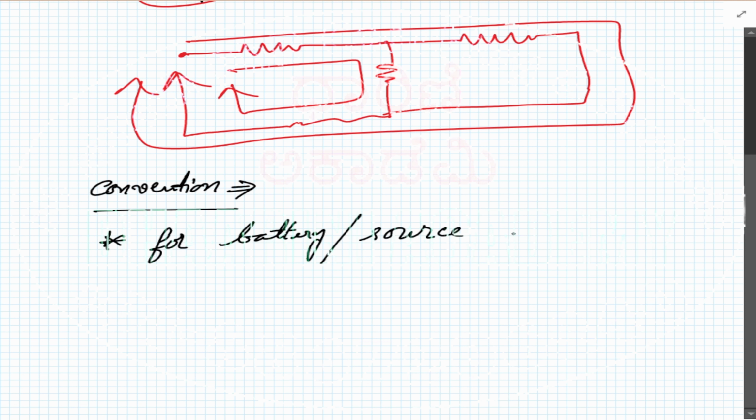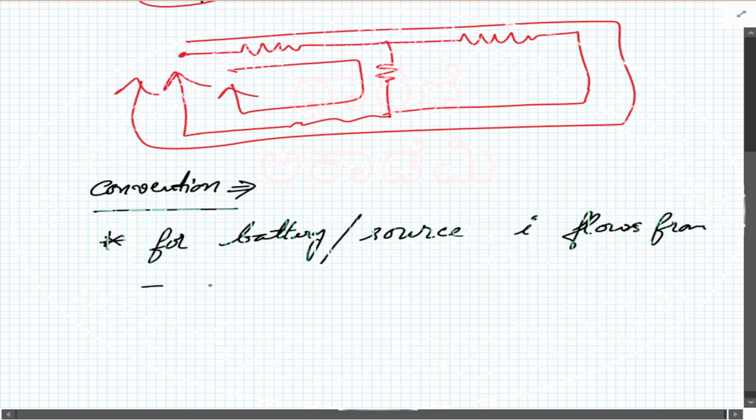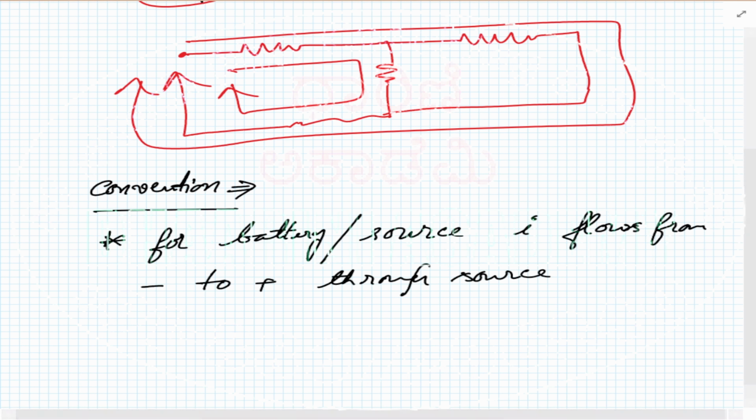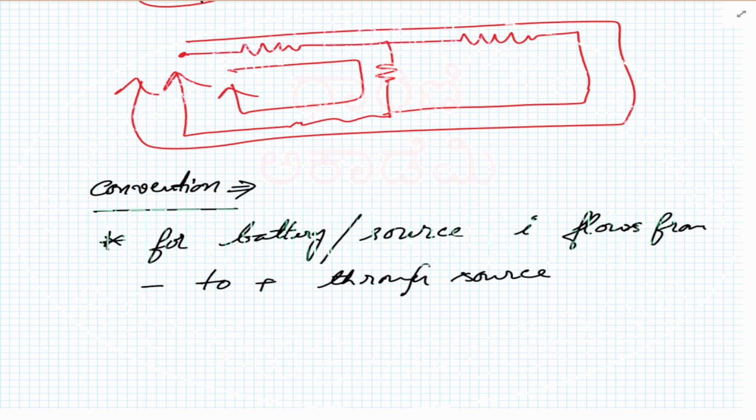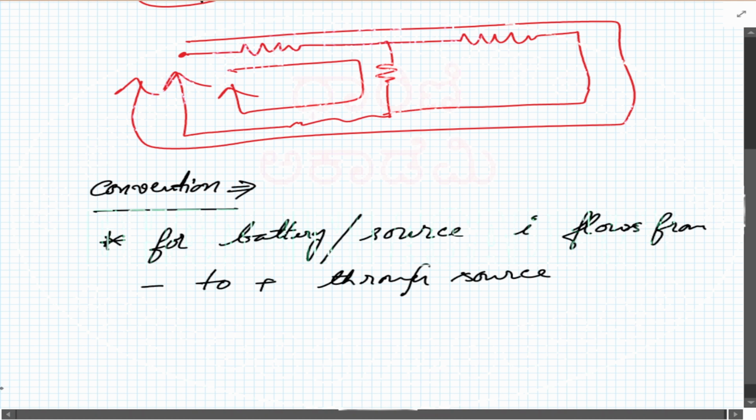For a source, the current I flows from the negative terminal to the positive terminal through the source. Through the source, current is going to flow in this fashion. That's why this is I, which means current.